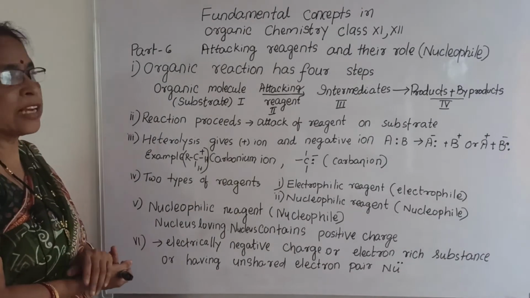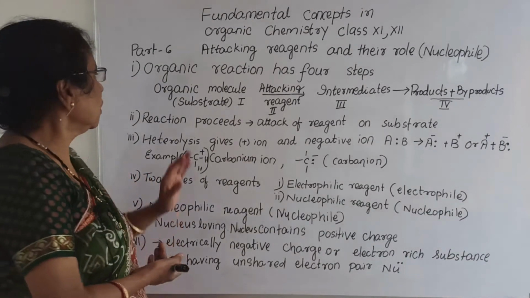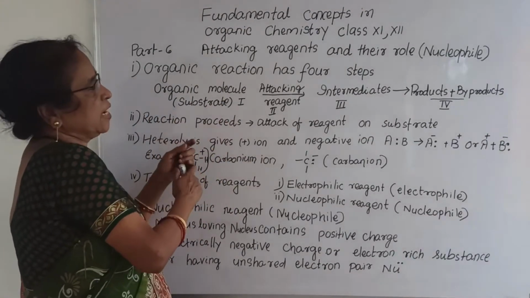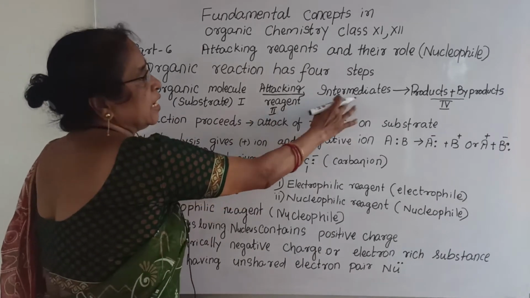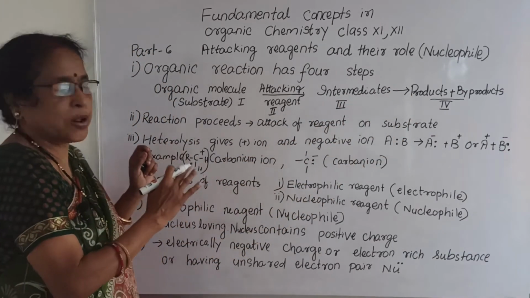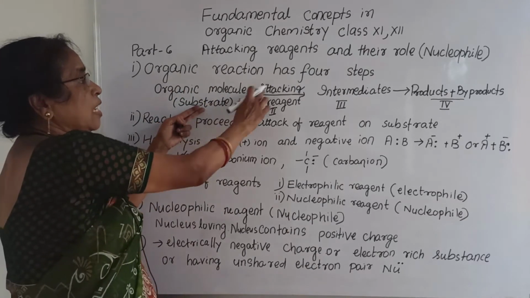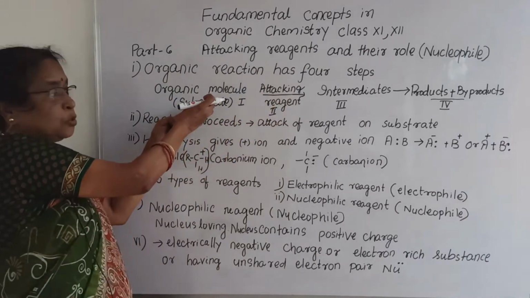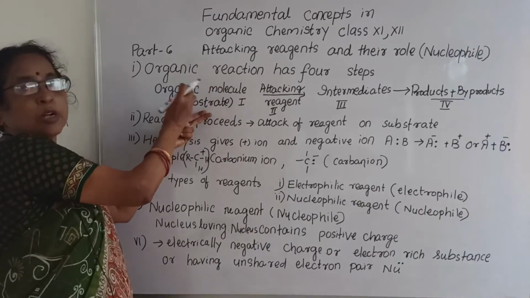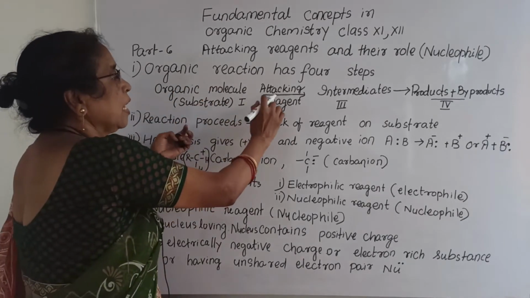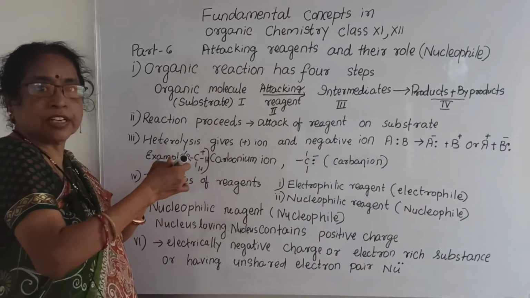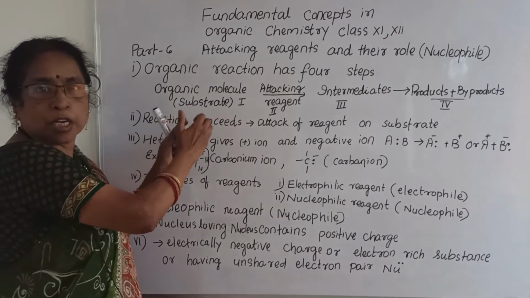Now an organic reaction has 4 steps, as I already told: the organic molecule (substrate) and attacking reagent, intermediates, products and byproducts. The reaction will not proceed unless the attacking reagent comes near the organic molecule substrate.